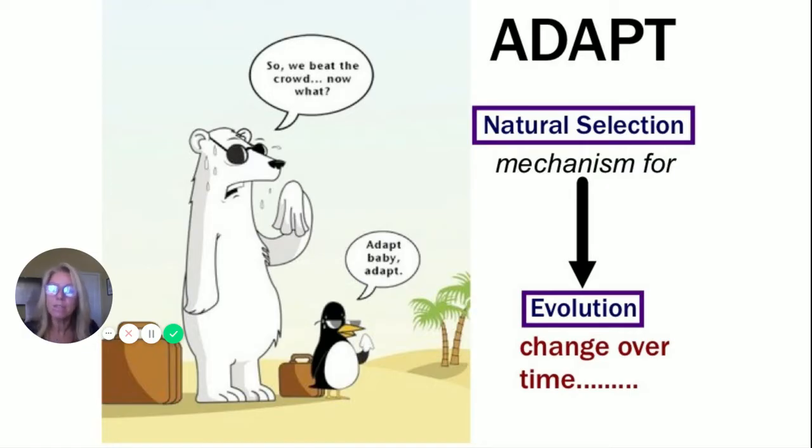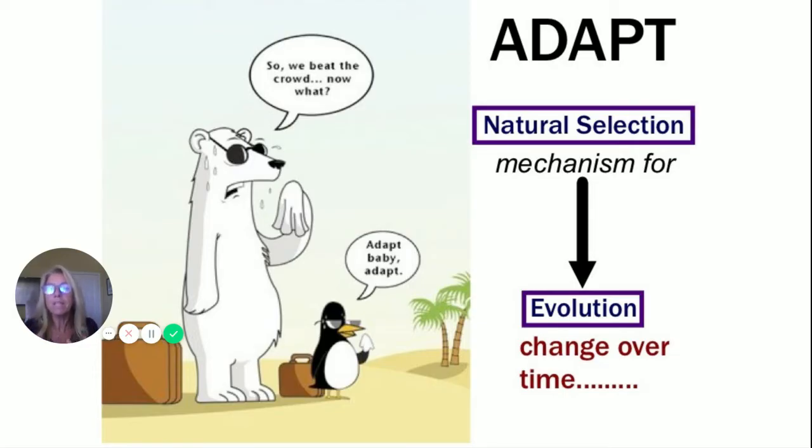So yes, this is a comic over here to the left, but if you're living in the desert, right, probably you don't want to have globs and globs of fat. That's going to overheat you. It's going to be hard for you to maintain homeostasis. So a different adaptation, like the ability to conserve water, that would be an adaptation that is selected for. So that's what natural selection is referring to.